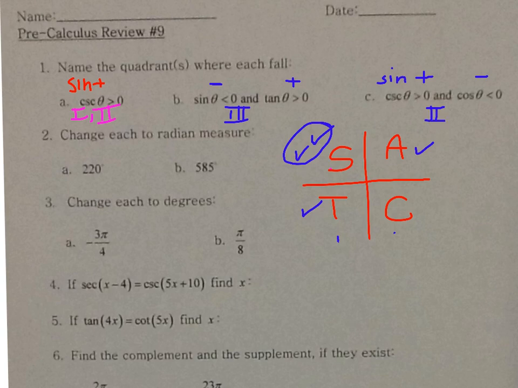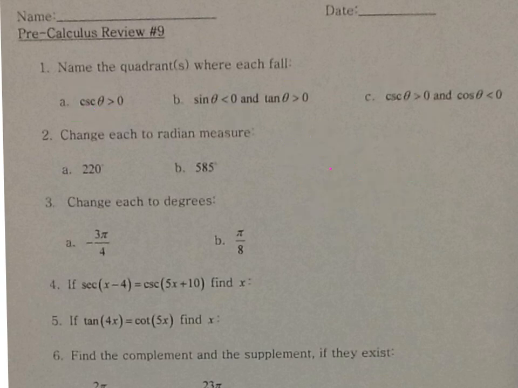Okay, so let's take a look at number 2. Okay, so number 2, we want to convert the degrees to radian measure. So remember, to convert from degrees to radians, you're going to multiply by pi over 180 and you reduce.